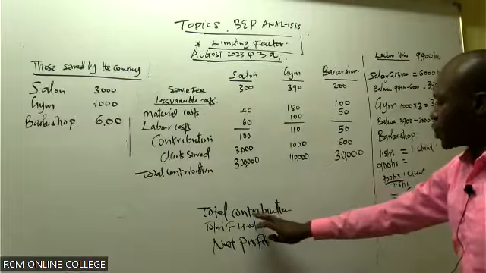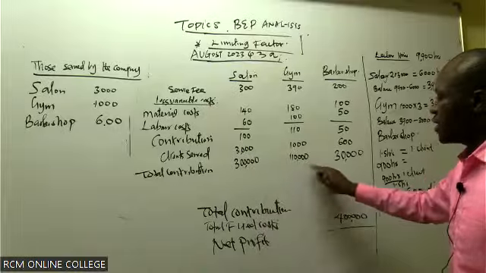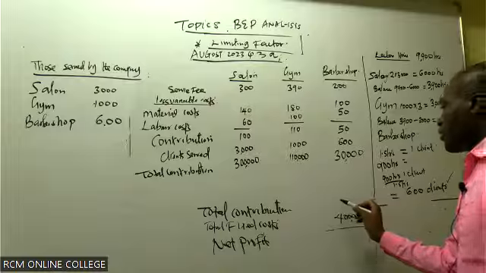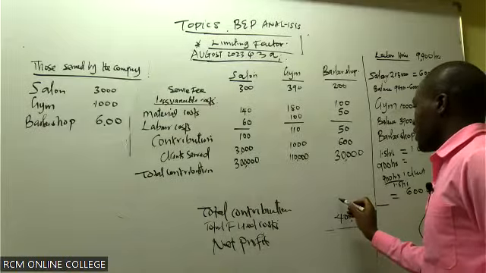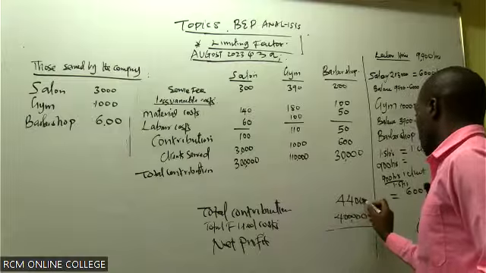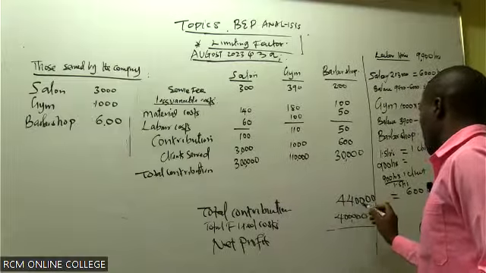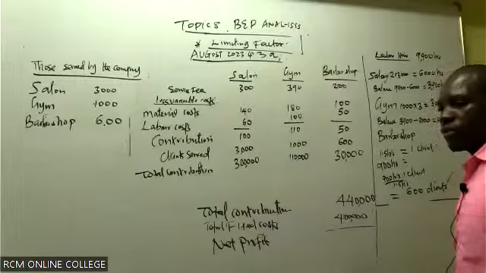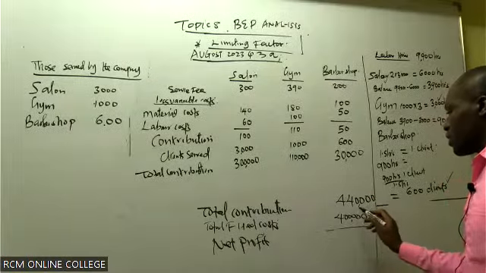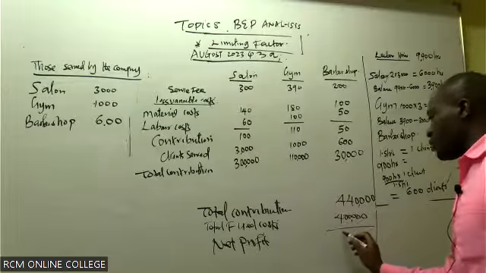So what is our total contribution? This plus this plus this. Itakuwa ngapi? Is it 440,000? If you add all the contributions, 440,000 less total fixed cost, which is 400,000. Tutakuwa na ngapi net profit?